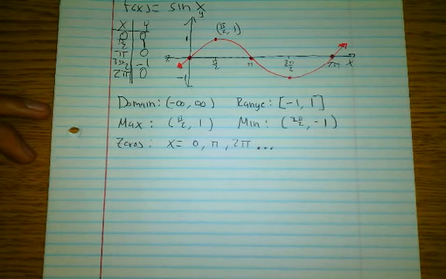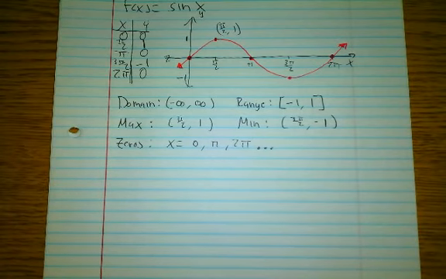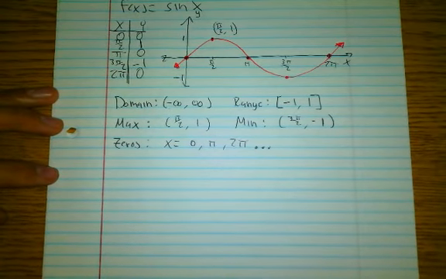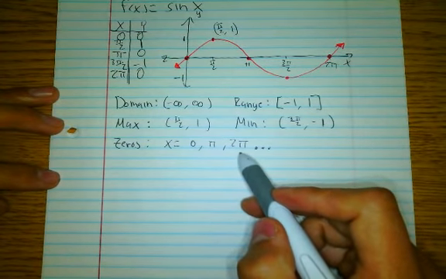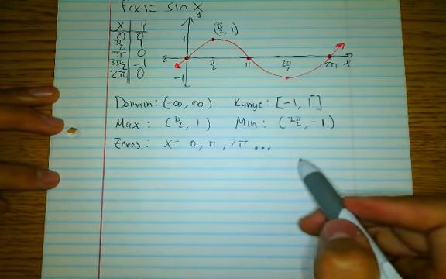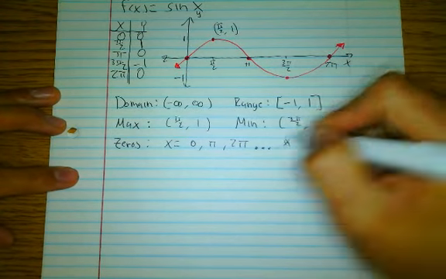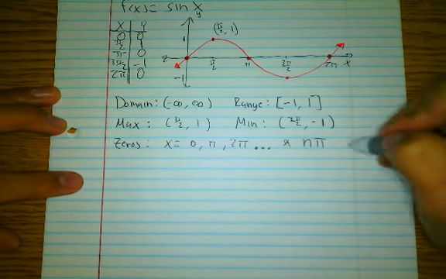Well, now you know that there's, first of all, an unlimited amount of zeros, correct? Does anyone notice a pattern? So what would you say the next 0 would be after 2 pi? And then? So could we then come up with a rule? How about we say that the zeros are located at n pi, where n is any integer?